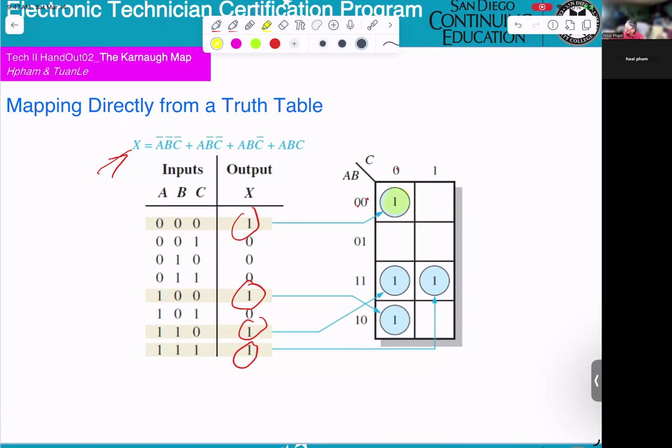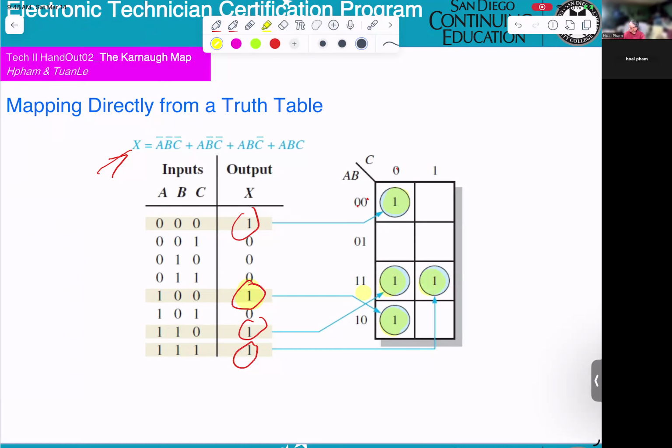That's the first one. Now, next one. Next one here. You get A, B naught, C naught. You get that one. And A, B, C naught. That one. A, B, C, and that one.